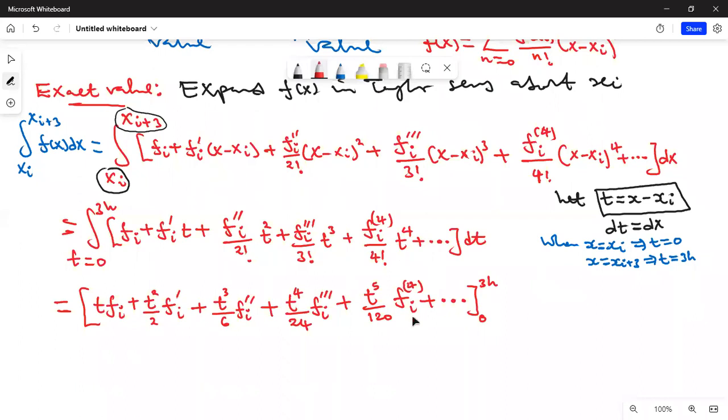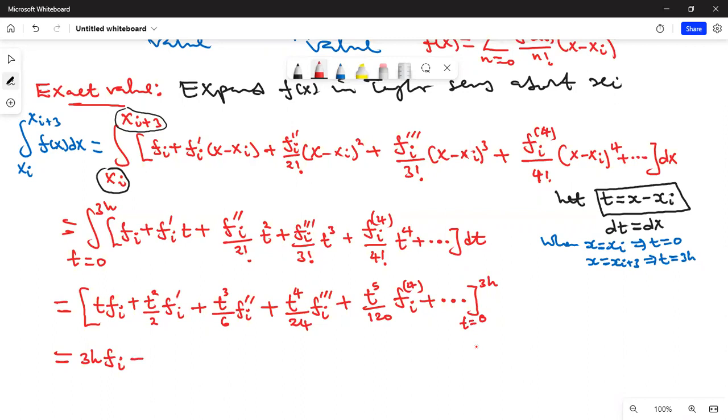Now you need to substitute or simply plug in the limits of integration. That is from 0 to 3h. These are the limits for t. I'll start with the upper limit. When t is equal to 3h, what will you get? And also when t is 0. Of course, when t is equal to 0, you are going to get 0. So let's just use 3h. When t is equal to 3h, we are going to get 3h fi, then 3h squared, that is 9h squared over 2.